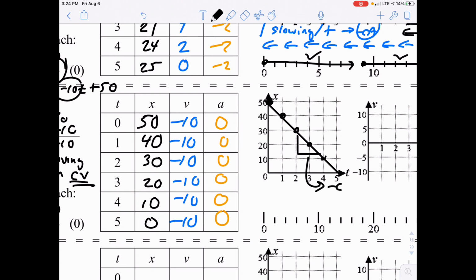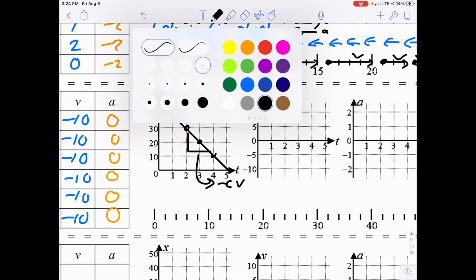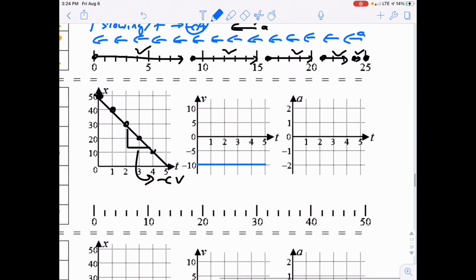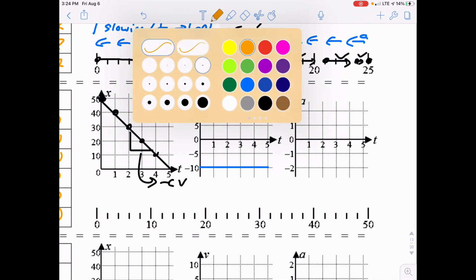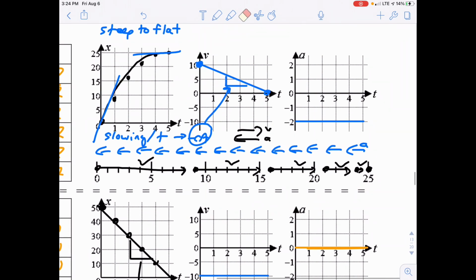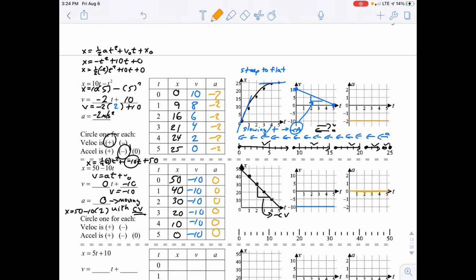This represents my negative constant velocity, my negative slope. I plot that negative constant velocity over here, negative 10, constant line. And I plot my acceleration of 0 over here. And that would be situation number 5.